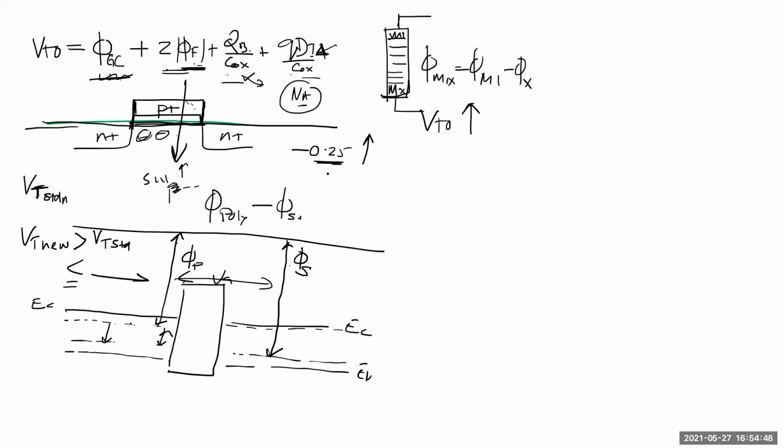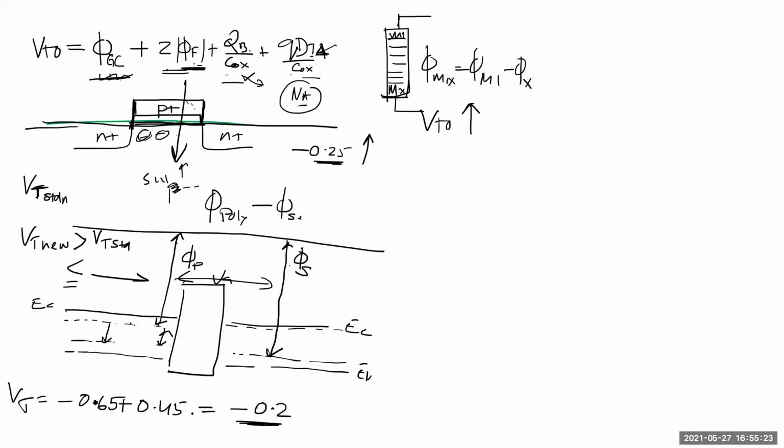So if you remember yesterday when we did the VT calculation, we had about minus 0.6 as the potential difference, and the QB was immaterial, and then we had 2 phi f as 0.45 or something like that, and the VT came out to be something like minus 0.2, right?